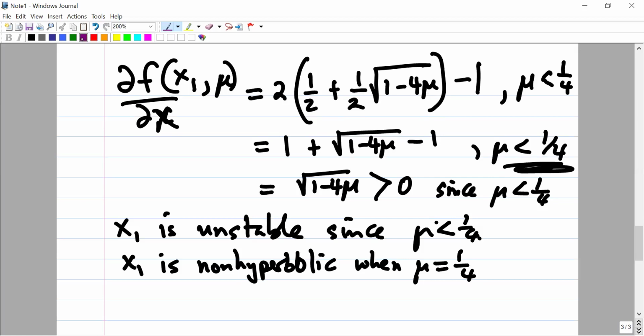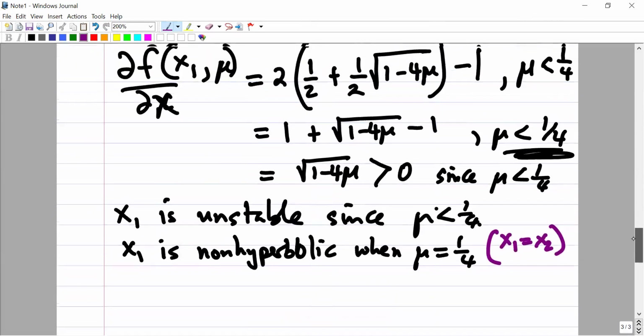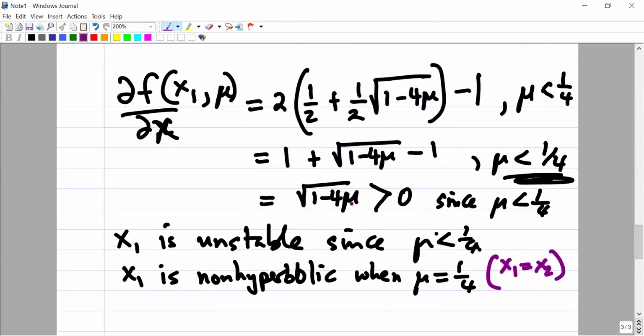With some analysis at 1/4, because it still gives us, in other words, by non-hyperbolic it means it does not have zero real parts. It does not have zero real parts. Or in other words, the first derivative here is zero.